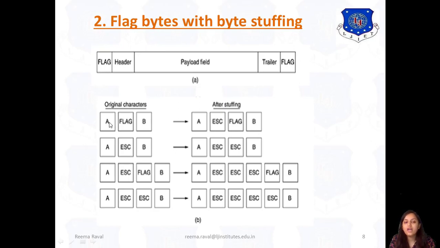That means here we have considered the case where not only A and B are there, but in between there is data which has the same bit pattern as the flag. That means, let's say for example my flag bit pattern is 0110, and if the frame has the same data, that also has to be stored at the receiver side, right?